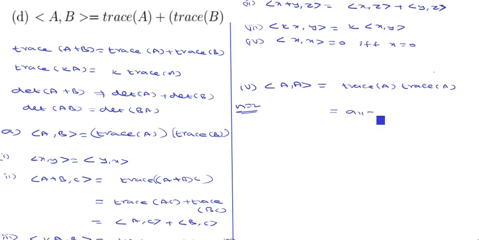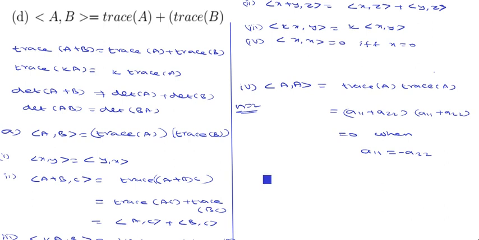So A11 plus A22. So this can be 0 whenever A11 equal to minus A22.